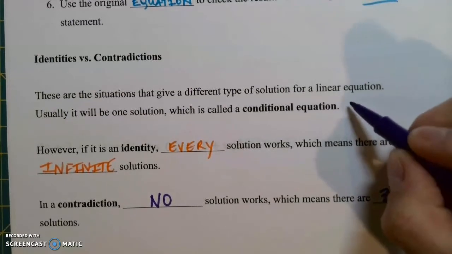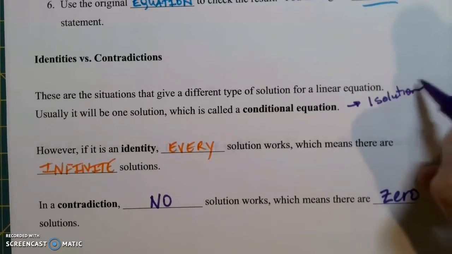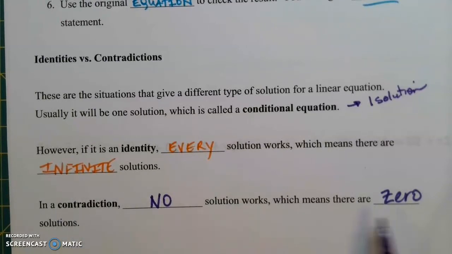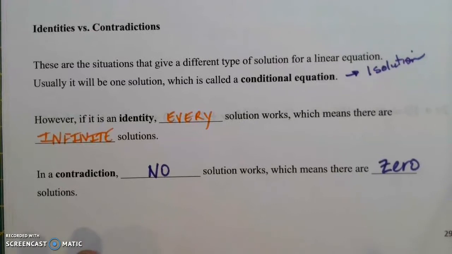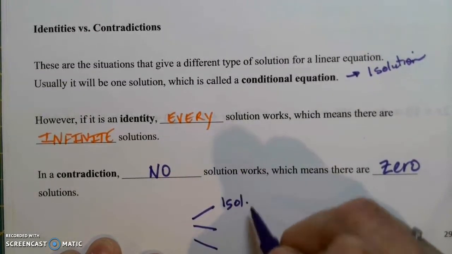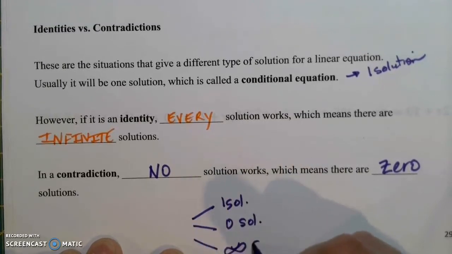So conditional equation means one solution. Identity means infinite solutions, and a contradiction is 0 solutions. So the possibilities when I'm solving an equation is I can have one solution, 0 solutions, or infinite solutions.